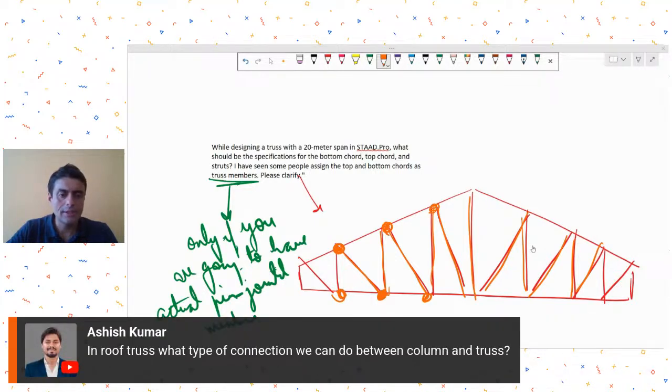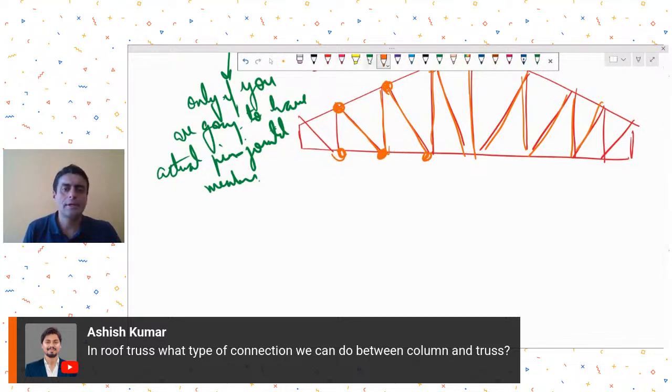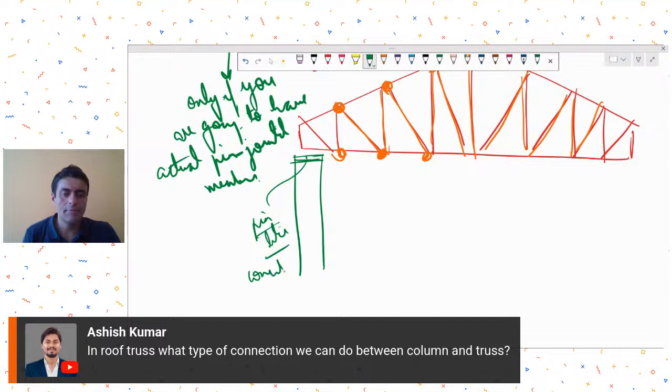Mr. Ashish Kumar is asking, in roof truss what type of connection we can do between column and truss. Again, that depends on what you are going to execute on site. Mostly, on one column you can have a pin-like connection. That means rotations are allowed, but translation is restricted.